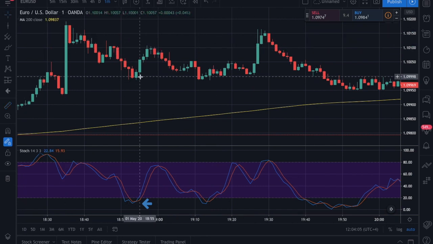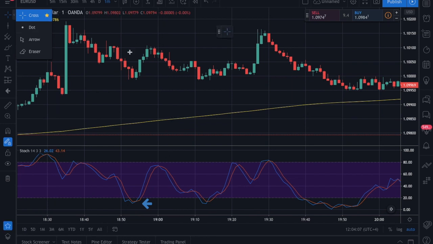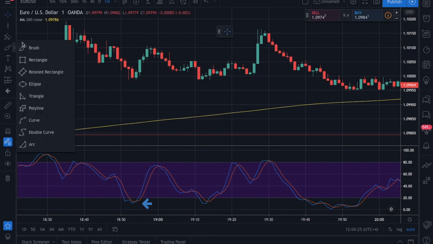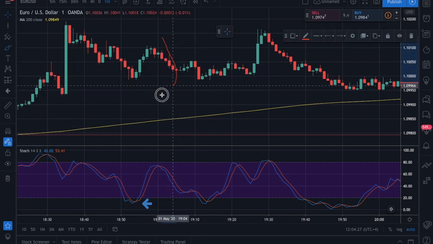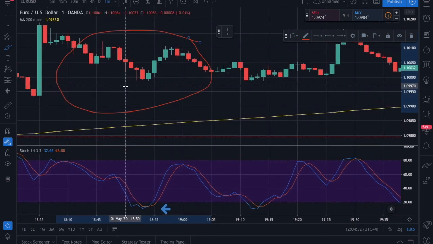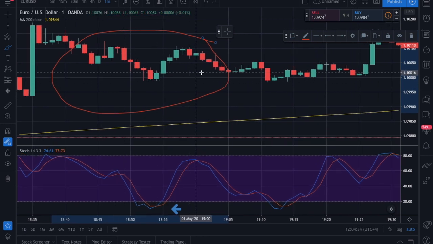So guys, if you're opening a buy order here because of the confirmation of stochastic, we have to wait for the nearest support or resistance. So here, if you look at the candles, you see that there is a resistance here.